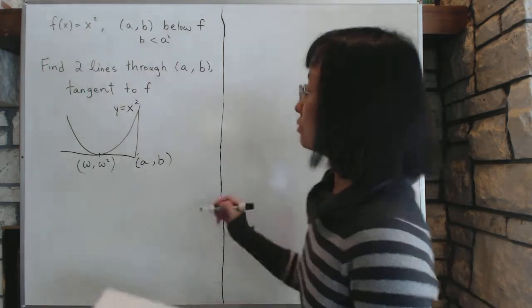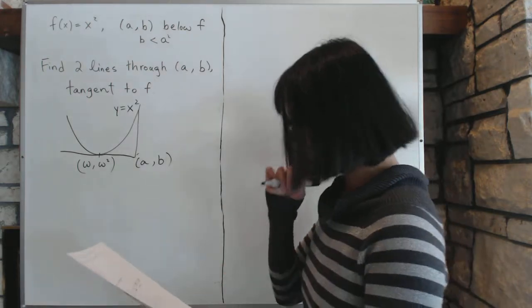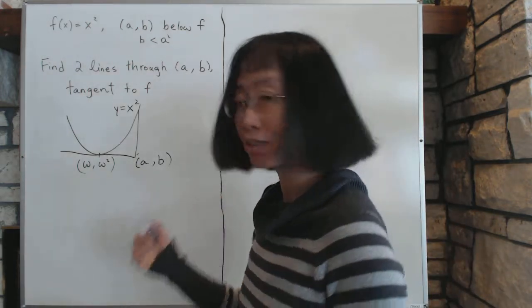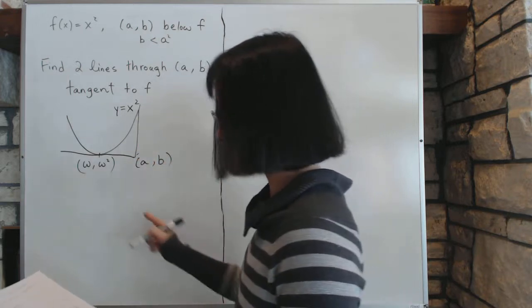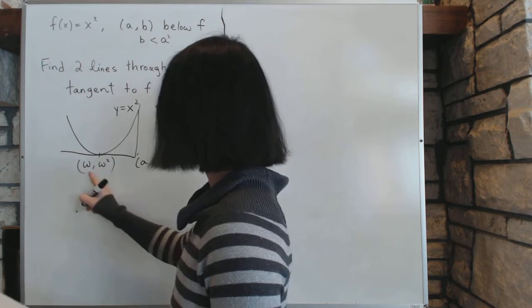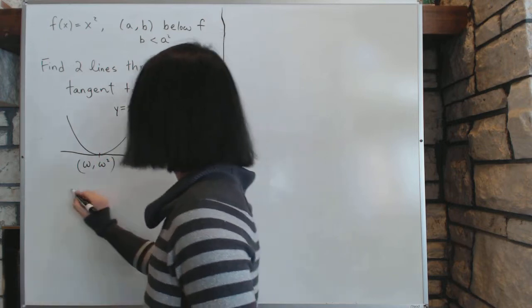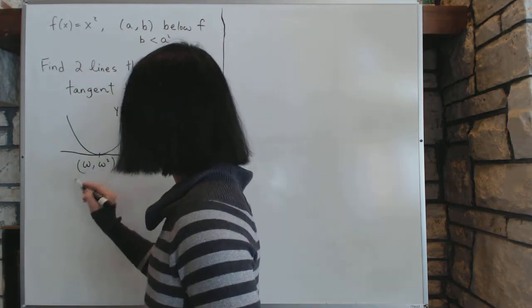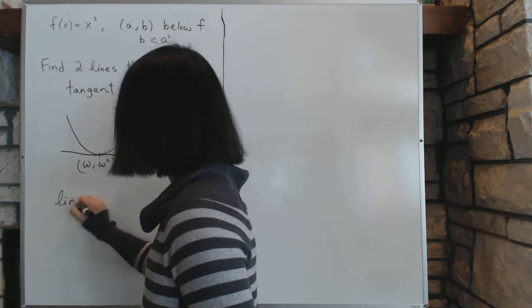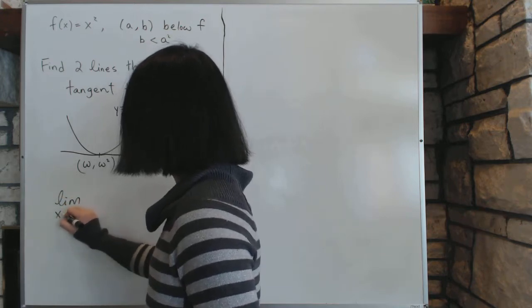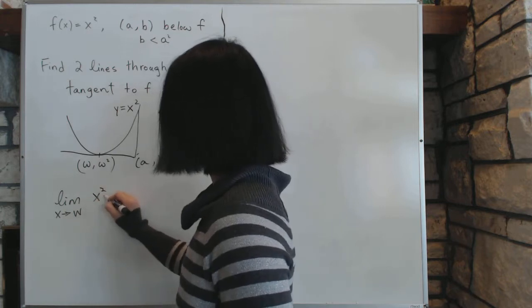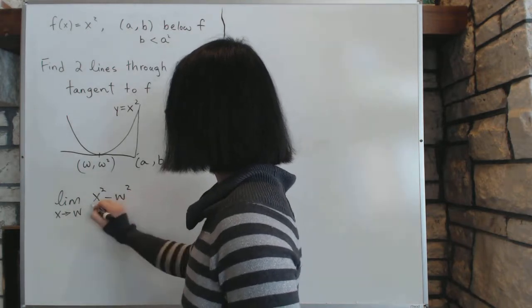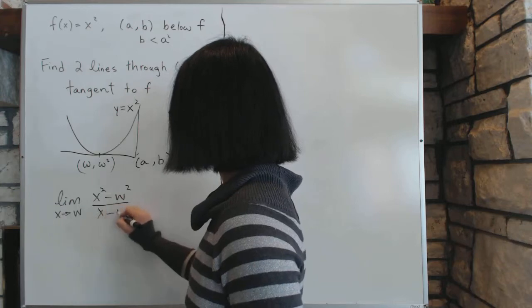So to calculate the tangent line, we first go by the definition of the tangent, which is f of x minus f of w, at this point of the tangent. So by the definition of the tangent line, we have the limit as x approaches w of x squared minus w squared, divided by x minus w.